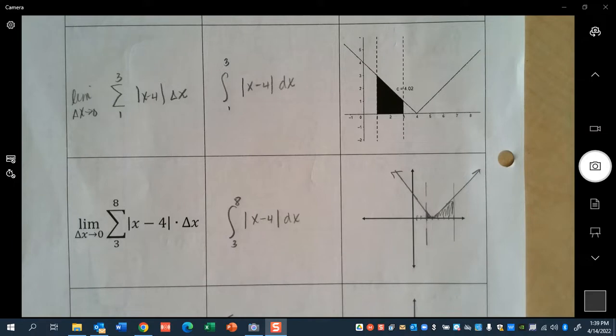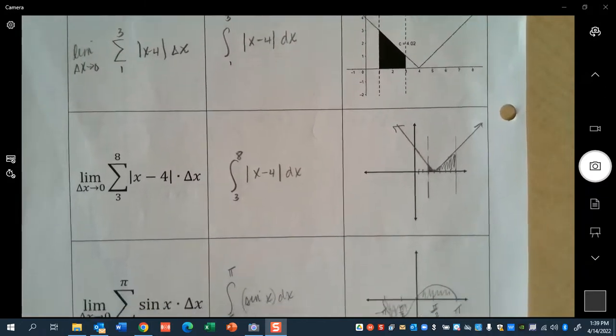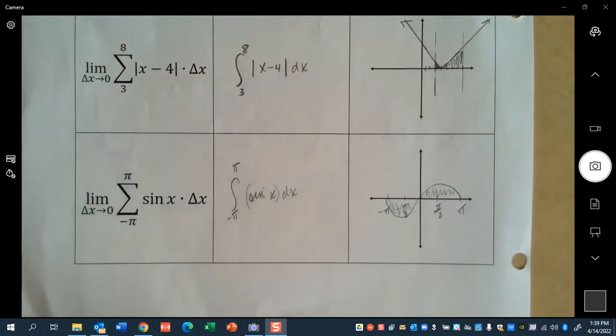And then I have my interval from 1 to 3. Same graph, except for now I'm looking for my interval from 3 to 8. You okay with that? And then my sine function from negative pi to pi. Am I okay there? Awesome.